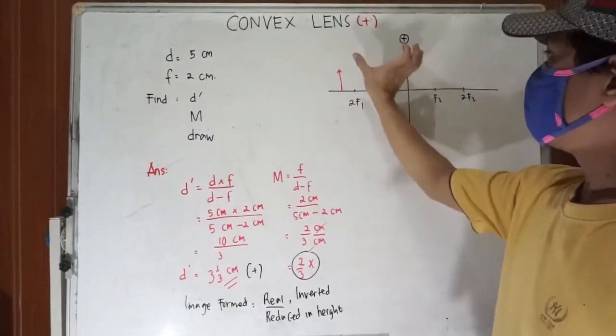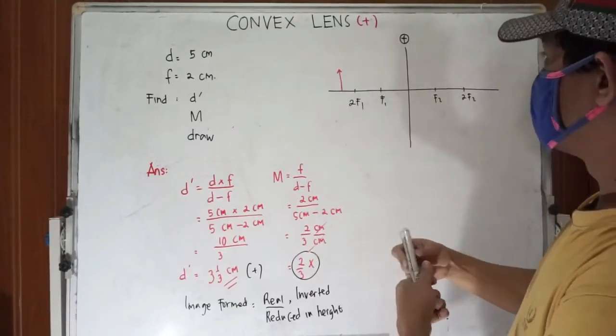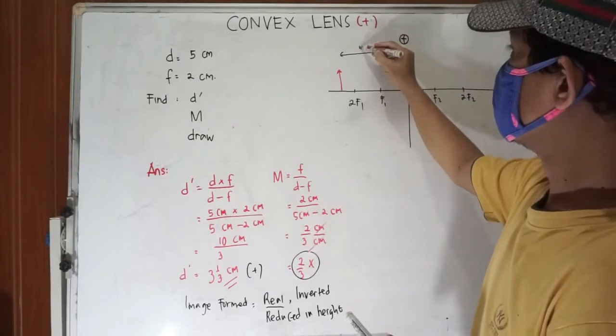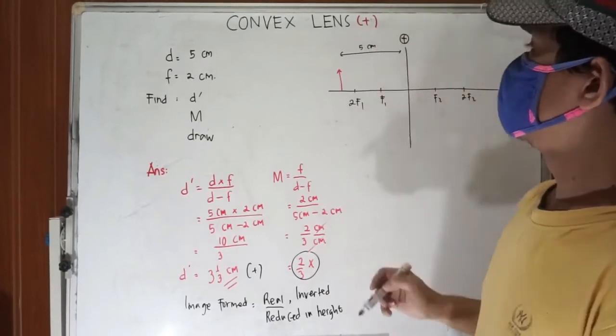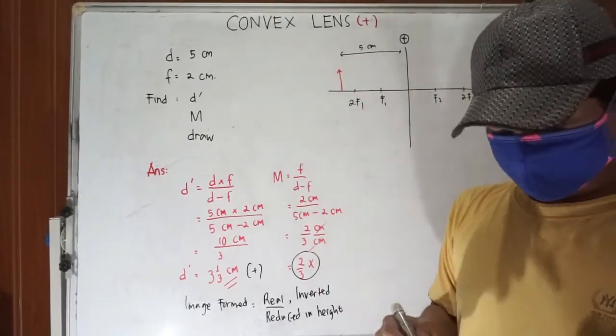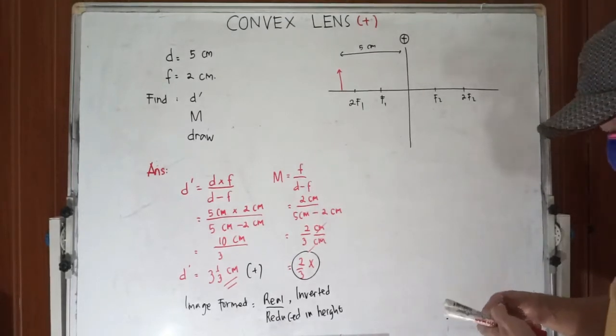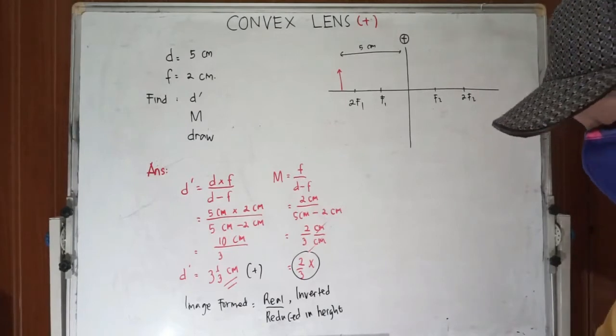That's around 5 centimeter, right? That's the object distance. Now we are going to start drawing. The first way of drawing, you have to remember rule number 1.